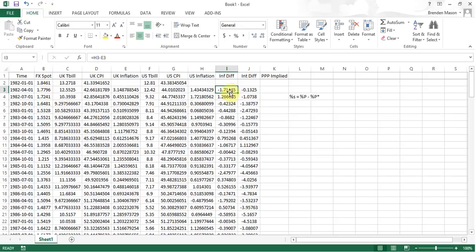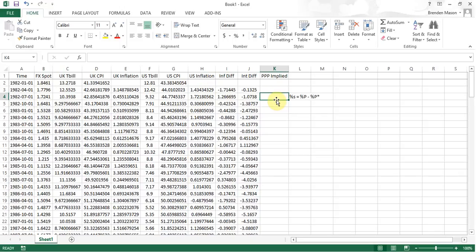Okay, so for this exchange rate here, the actual exchange rate is 1.2741. I can get a forecast based off this number here, 1.7796, and this inflation differential as to what this should be right here.